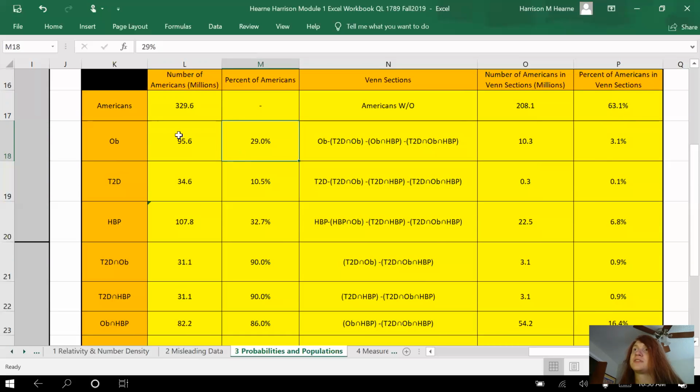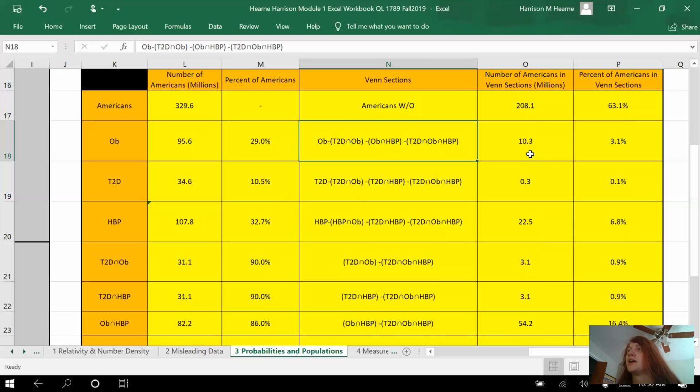For instance, this is just saying 95.6 million people have obesity. That's not saying that 95.6 million people only have obesity. To find that, we would need to take the total number of people that have obesity and subtract the number of people who had obesity and type 2 diabetes, subtract the number of people that had obesity and high blood pressure, and subtract the number of people who had all three diseases.